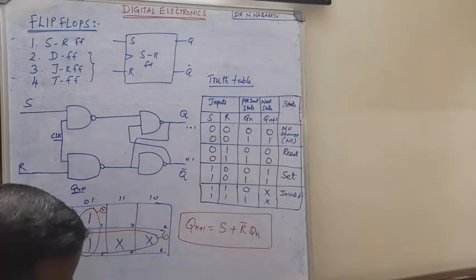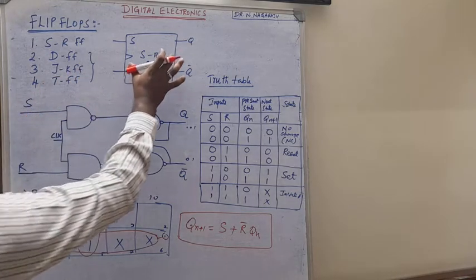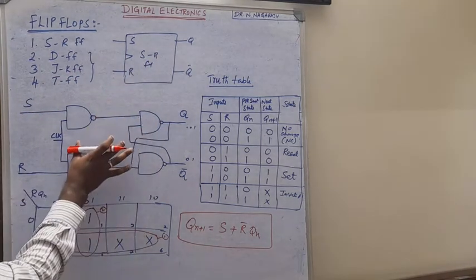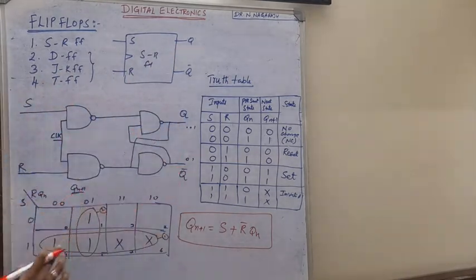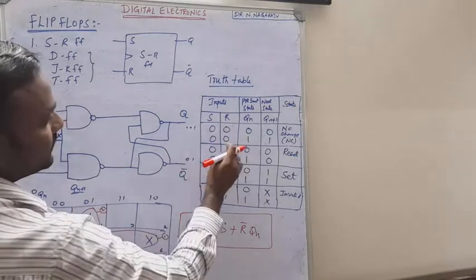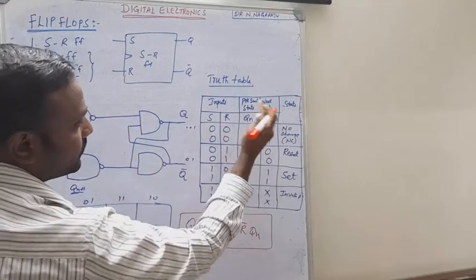The same thing we have to follow for the remaining flip flops. So this is the symbol for SR flip flop, and the basic logic diagram is inside this symbol. Here the excitations: if it is 0 0, that is no change state, both set and reset are 0, whatever the previous state is will be applied.